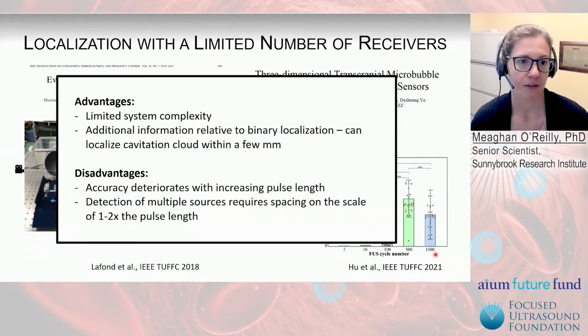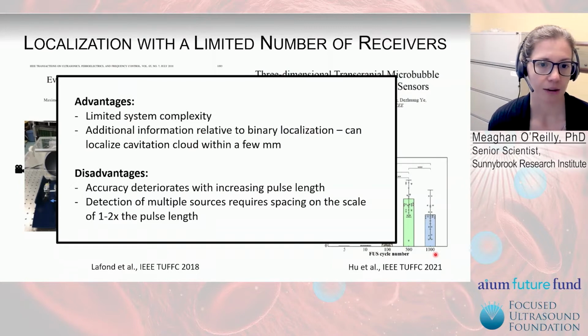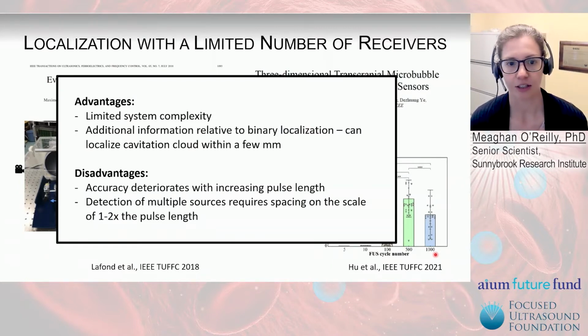So there are many advantages in going with limited system complexity. Here, compared to our binary localization, we can get some sort of localization of the cloud within a few millimeters. But of course, the disadvantages are that your accuracy deteriorates with increasing pulse length.